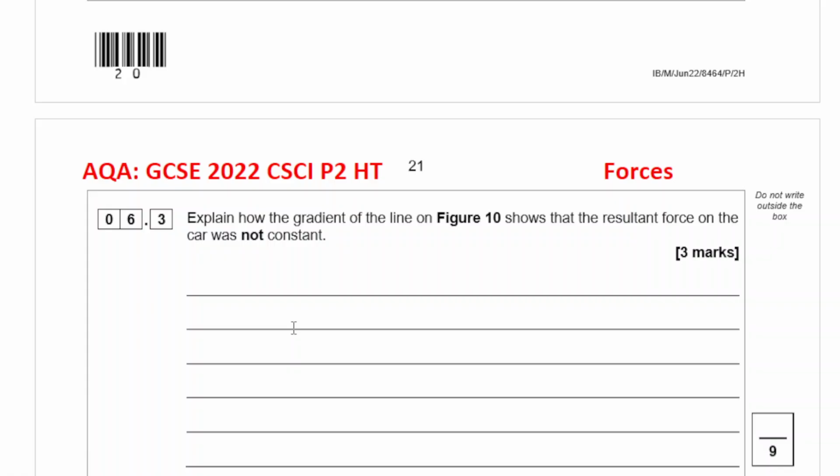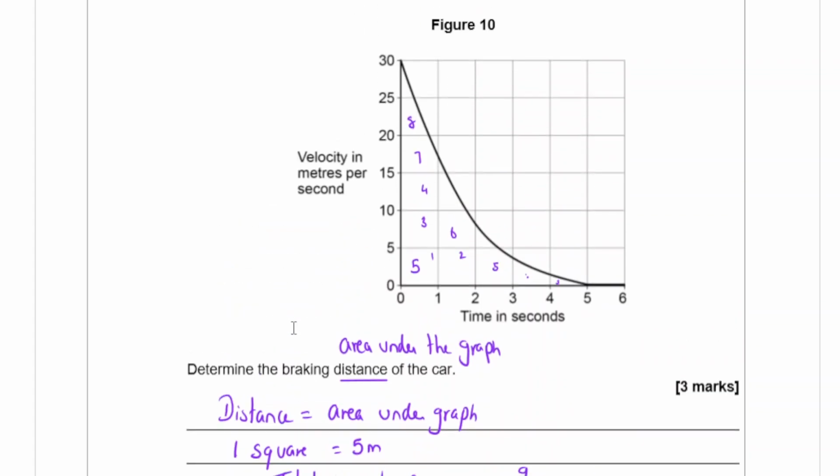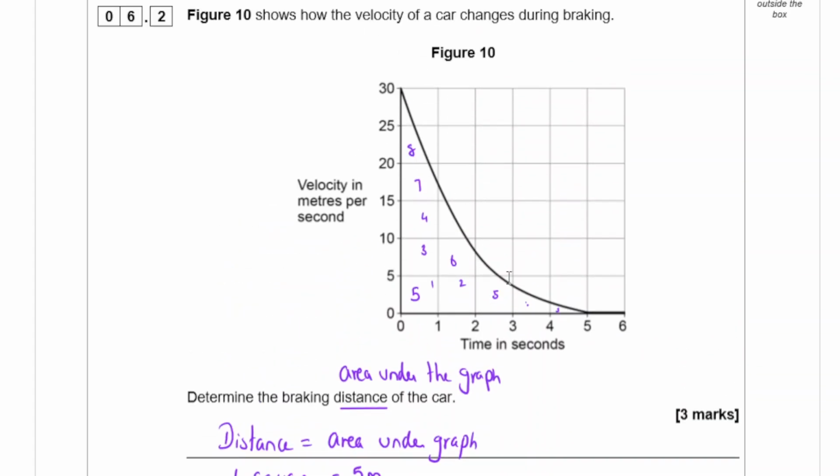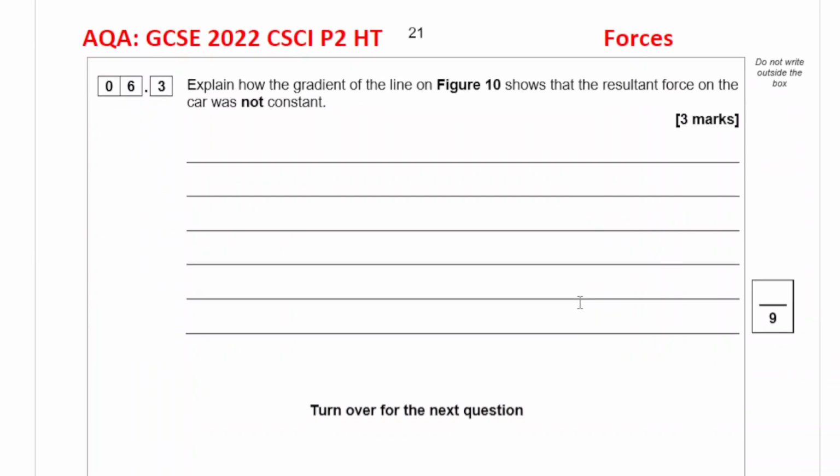Explain how the gradient of the line in figure 10 shows that the resultant force on the car was not constant. Now, if it was constant, it would be a straight line. It's actually curved. So the gradient is actually steeper at the start and then it becomes less.